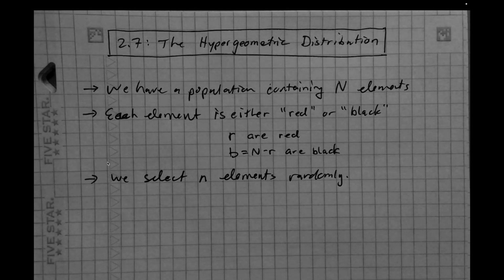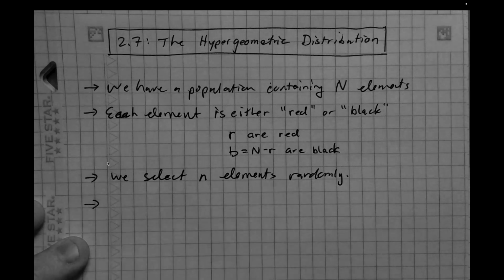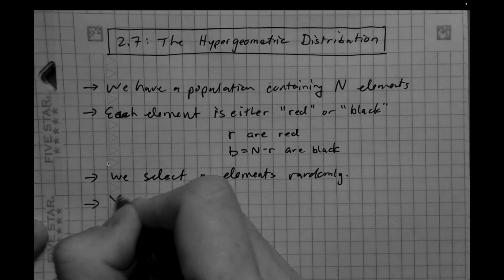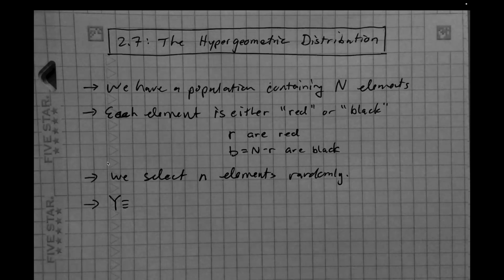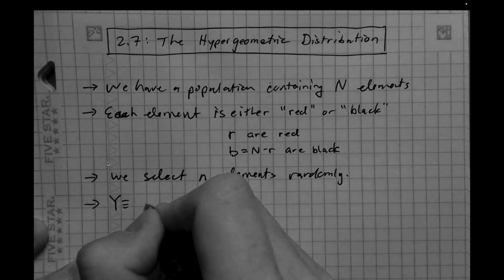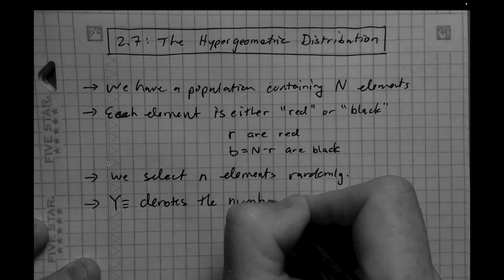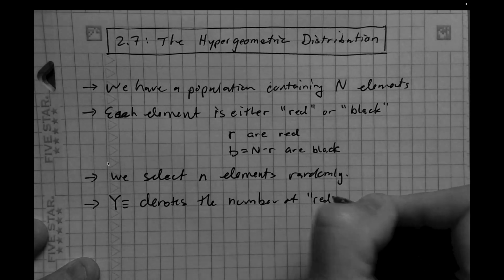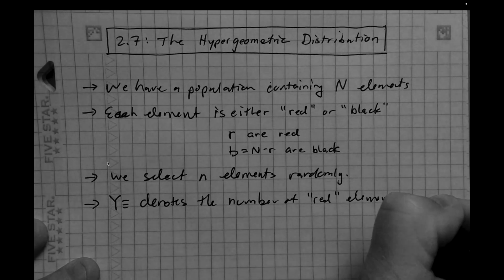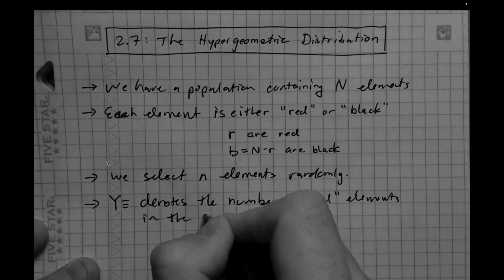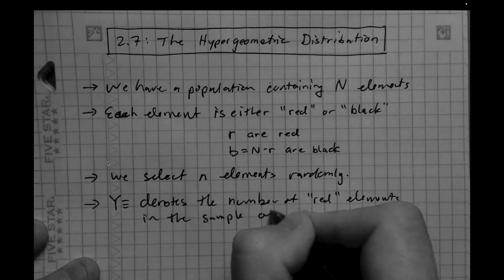And then the random variable in this case, Y, is going to denote the number of red elements in the sample of n.